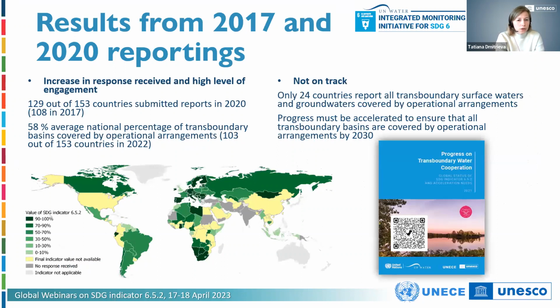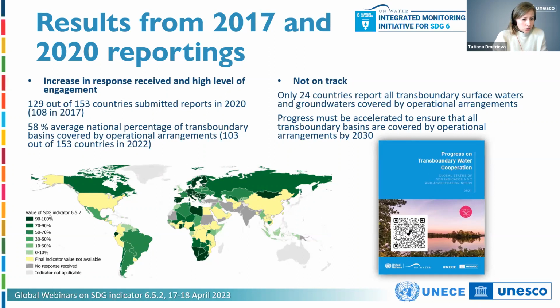So far, 2 rounds of monitoring took place on 6.5.2, in 2017 and in 2020. The results showed a very high response rate from countries and a high level of engagement. 129 countries out of 153 sharing transboundary water submitted reports in 2020, compared to 80 in 2017.